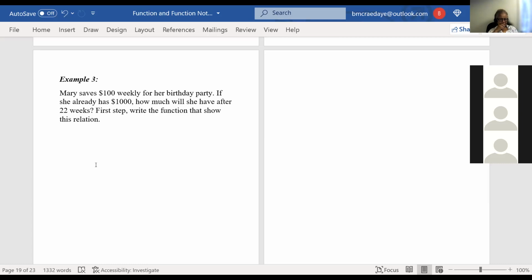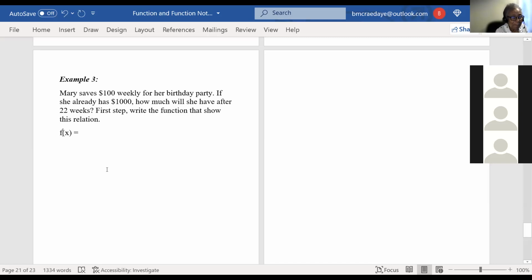Let me ask you, do we write 1,000 equals 100 w plus 22? No, you're going to write it as a function. In other words, write it as f of x equals something.